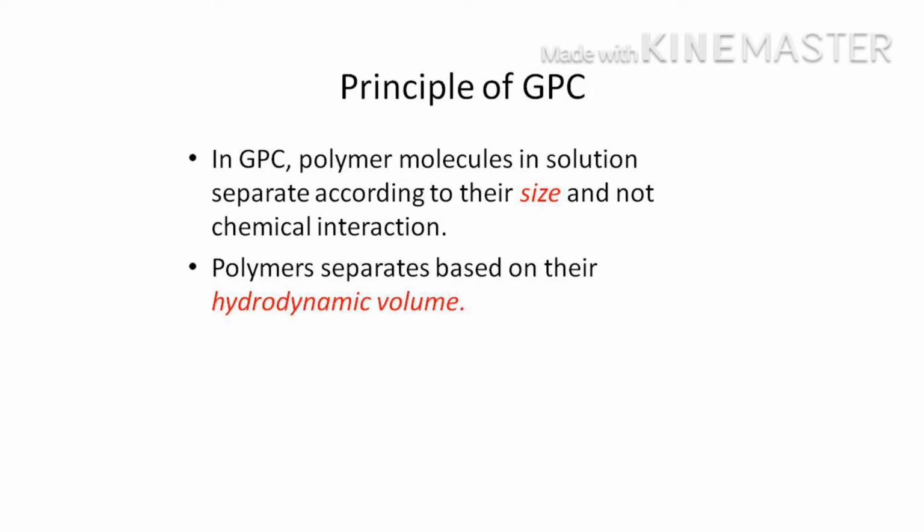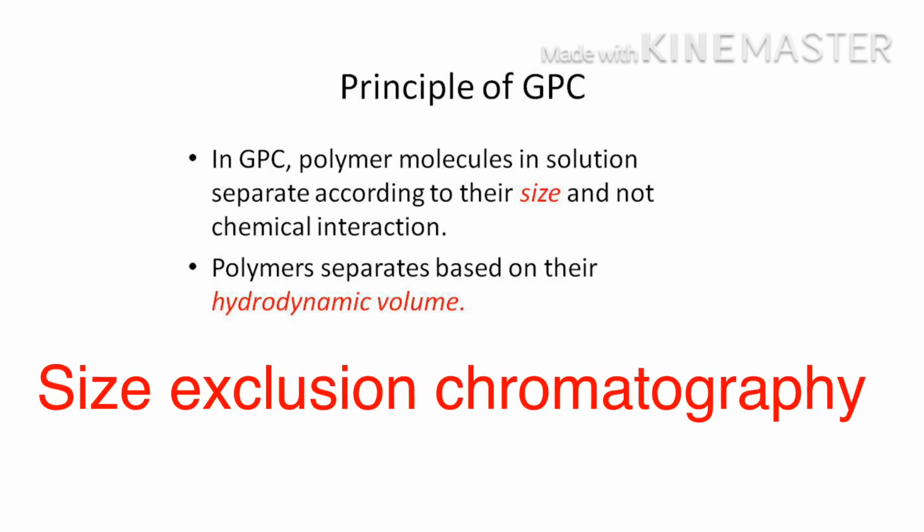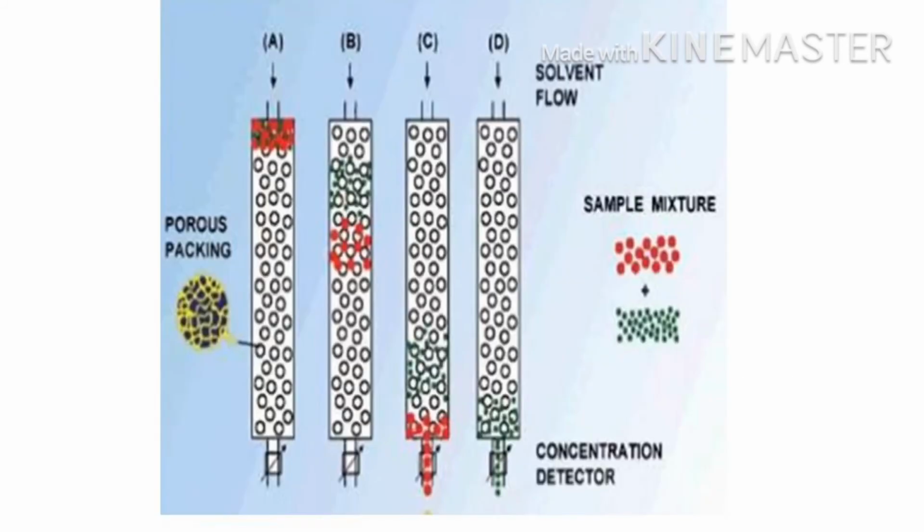Thus, molecules of bigger size are excluded from entering the pores and are washed down the column by the solvent. Hence, GPC is also termed size exclusion chromatography.